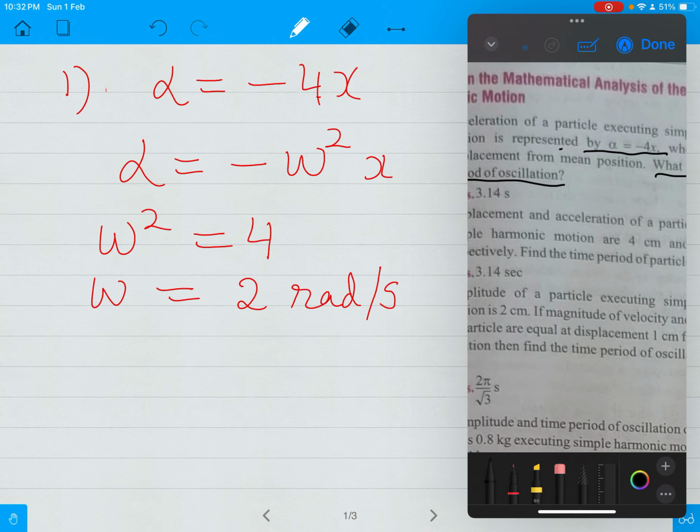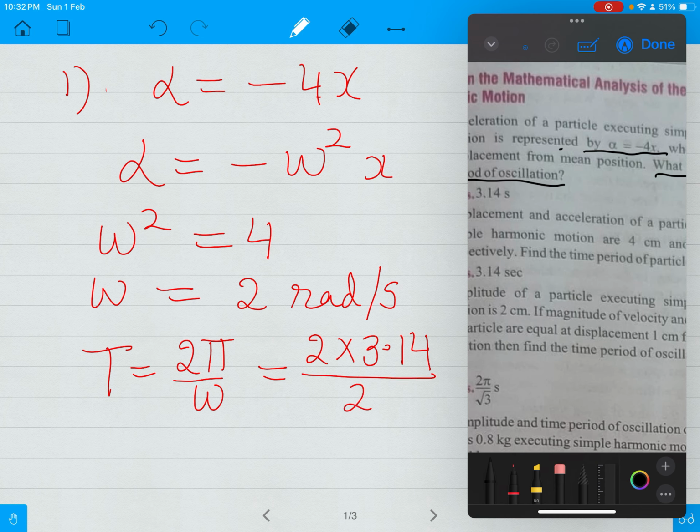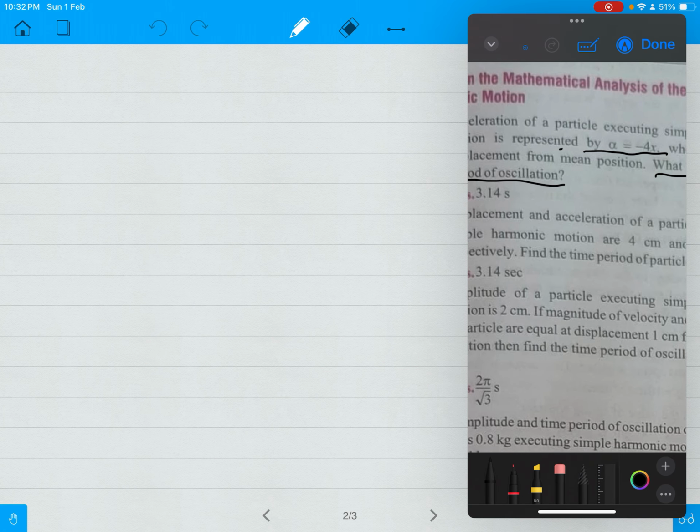But here we have to determine the time period of oscillation. So time period is 2 pi by omega. When you substitute, 2 pi means 2 into 3.14, omega is 2, so this is 3.14 second. Is it clear? This is the first question.